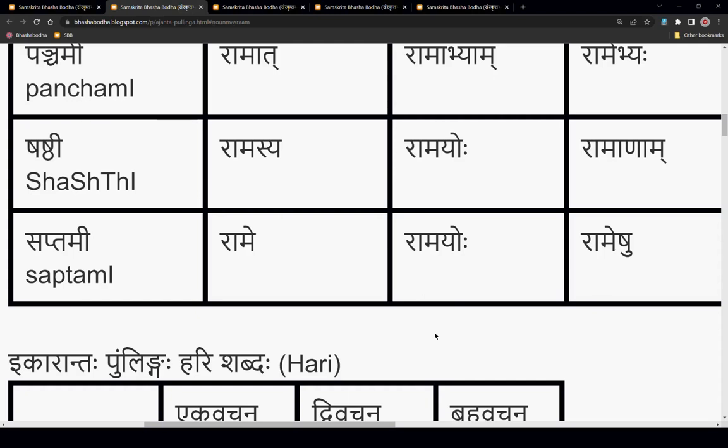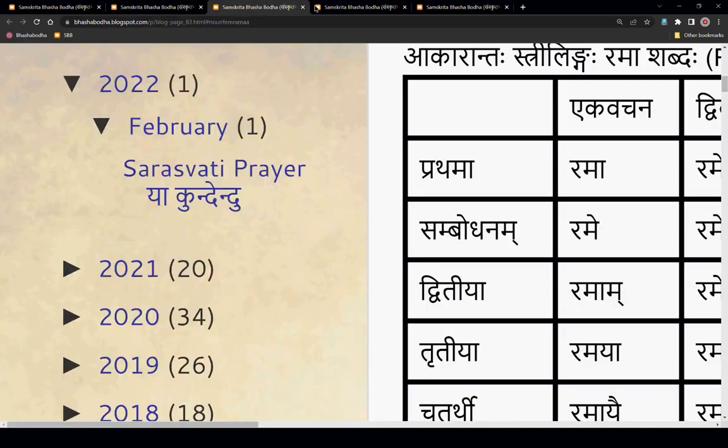Namami. Okay. Yes. Namami. So what is the full sentence now? Aham Guroho Padayoho Namami. Aham Guroho, which is Prathama Vibhakti, right? Where is it?